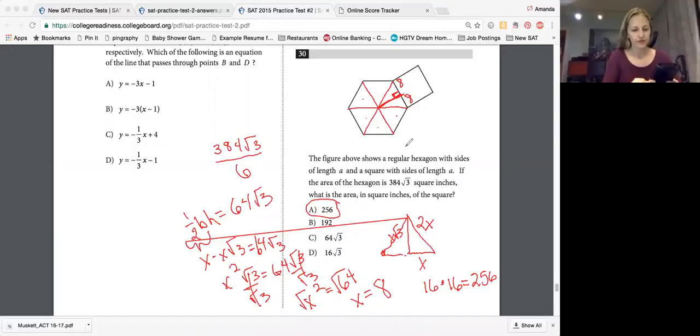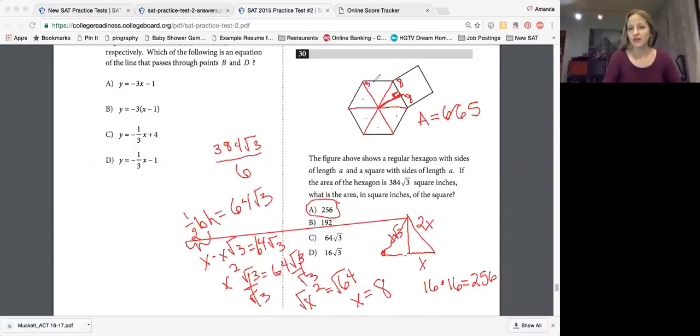So I know that the total area is about 665. And I can see how big is the square compared to the hexagon. I know it's not a whole half, but it's fairly close, right?